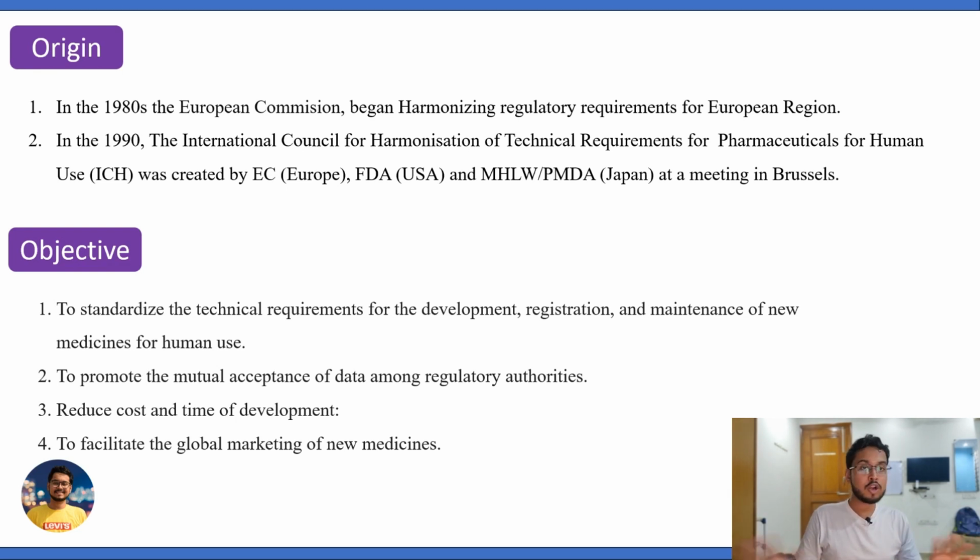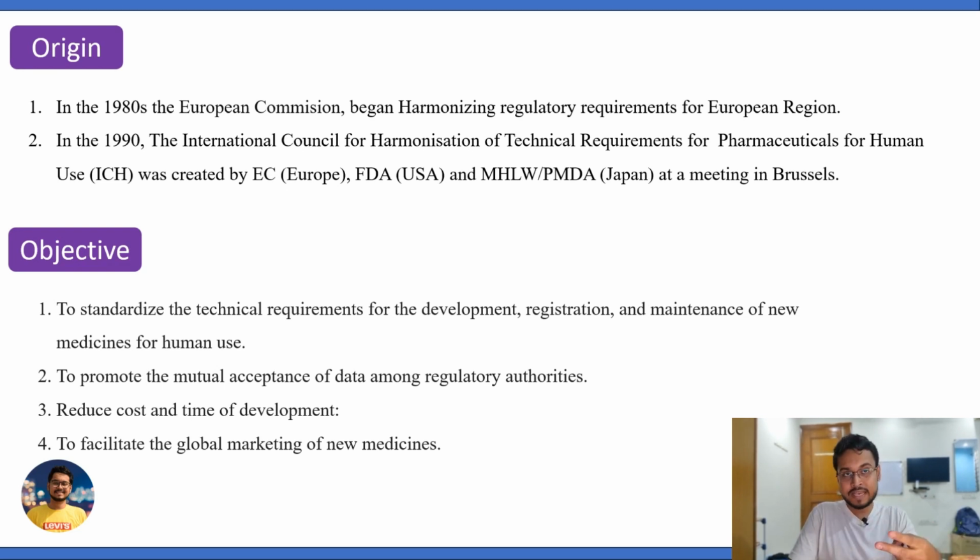It cannot change from region to region. Also, if there is a very big company and a very small company, they also have to follow the same rules. The rules won't be changed for the big company, so it has to be harmonized. That is the first objective, to standardize the technical requirement.